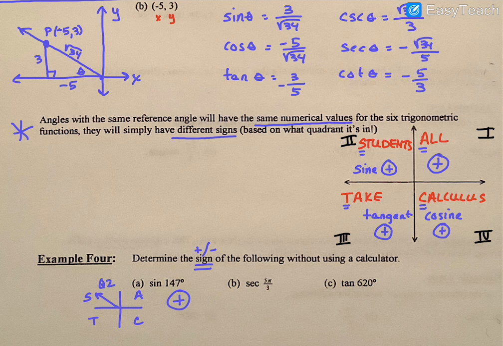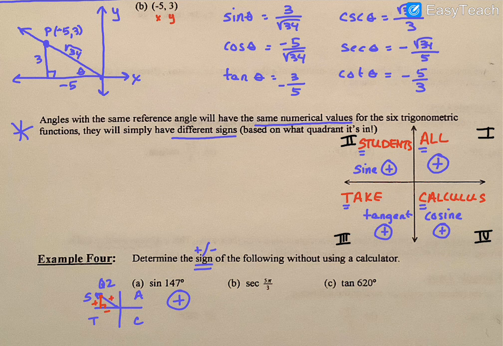If you want a little more processing and connecting, you can always draw yourself a little triangle and think that way. Keep in mind that as we go to a point from the origin, you would go left, and going left is a negative value. From there, you would go up, and up is a positive value. And the radius is always positive.